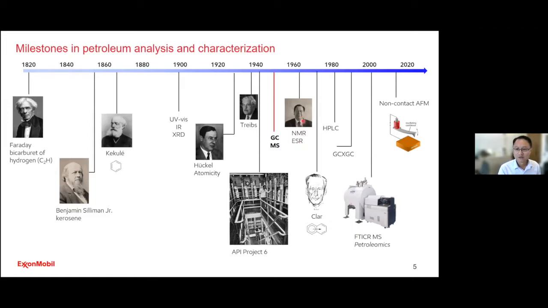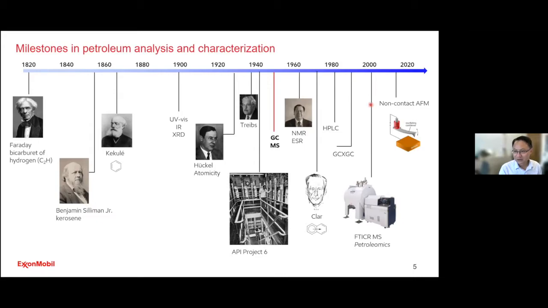I put a Yen picture here because of the famous structural model of asphaltenes. And around the 1980s, Boduszynski applied liquid chromatography and proved that asphaltene is not a molecular weight of millions, not a large molecule, but smaller molecules. And then GC around the 90s.